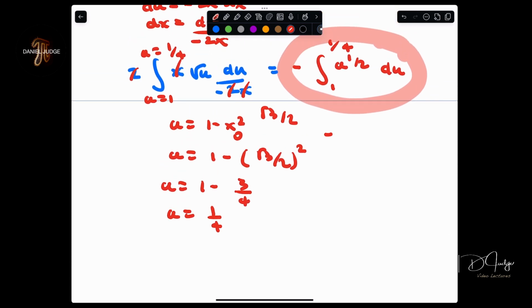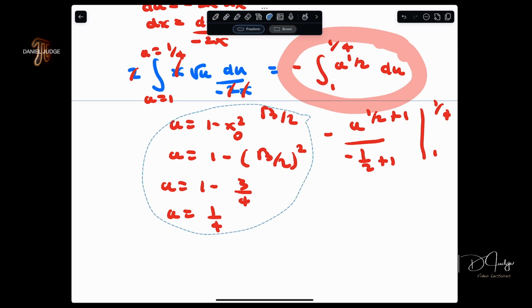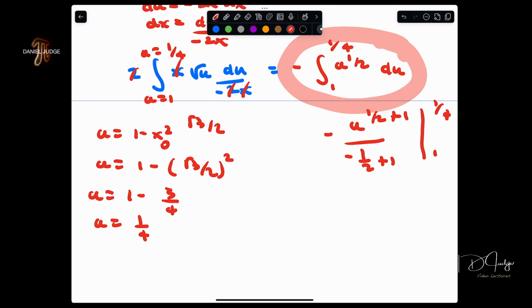So we get negative u to the 1/2 plus 1 over negative 1/2 plus 1, evaluated from 1 to 1/4. If I move this all out of the way, two halves, negative u to the 3/2 over 3/2, 1 to 1/4.